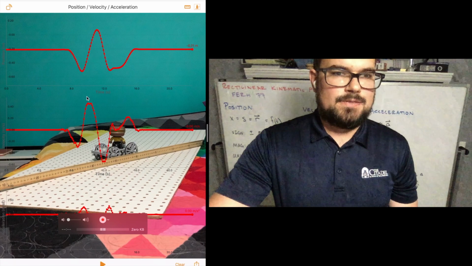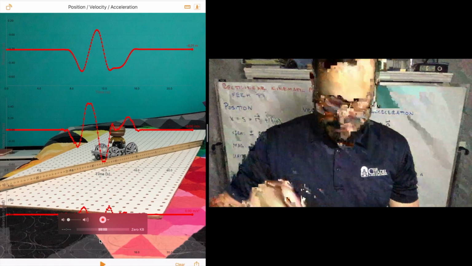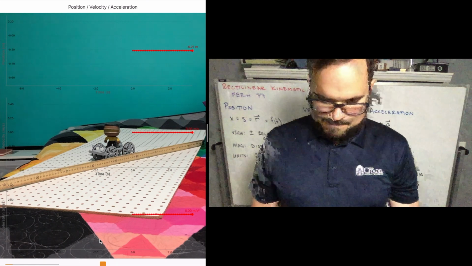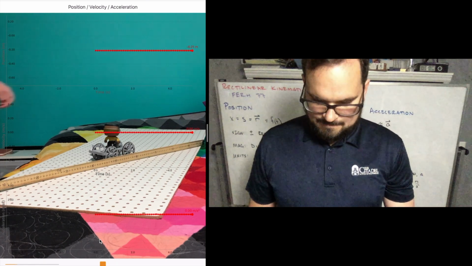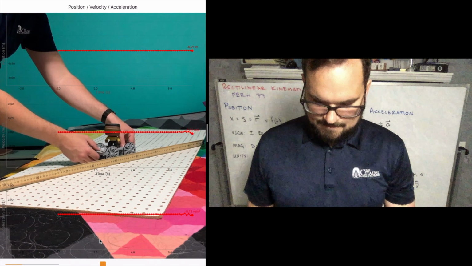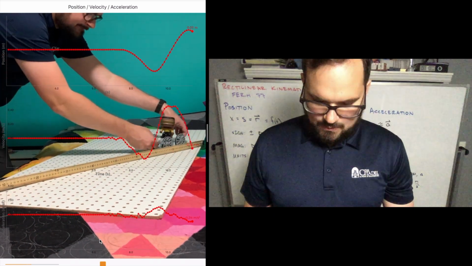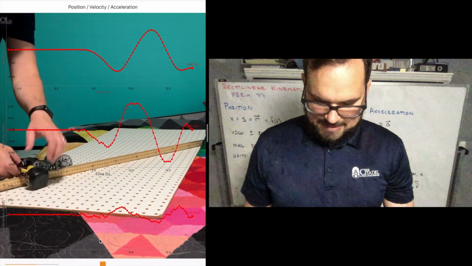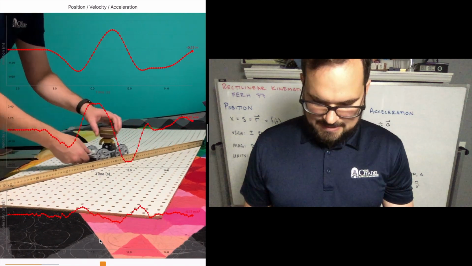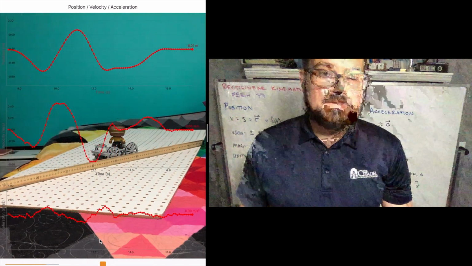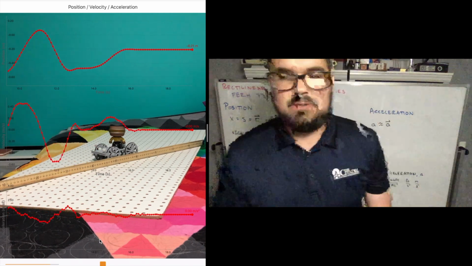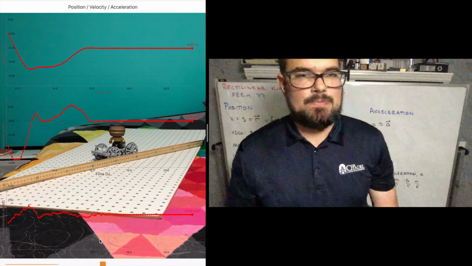Here we can play the video again just to see which direction was negative. Okay, so down low was negative, and then it went positive, and then back to negative, and I had to kind of stop, and then we moved it back to zero, or back to the middle, I should say. It's not really zero.